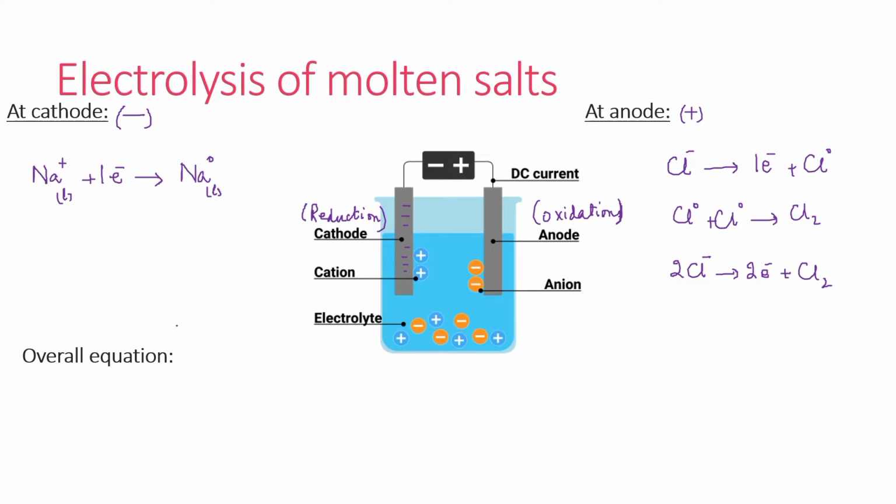So for that we have to balance the number of electrons. For that we can multiply this equation with 2.